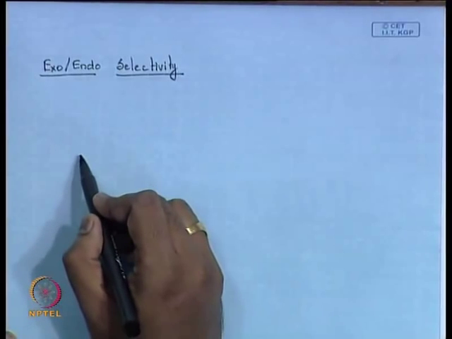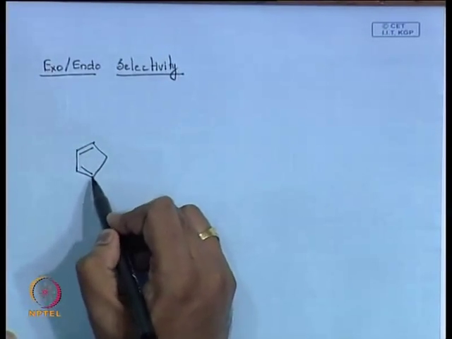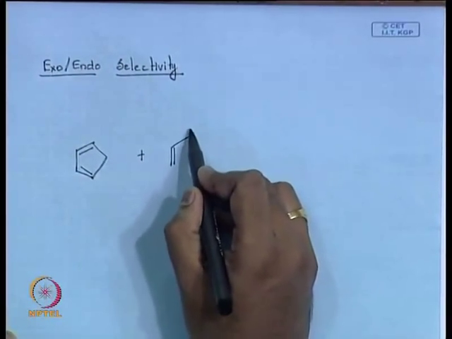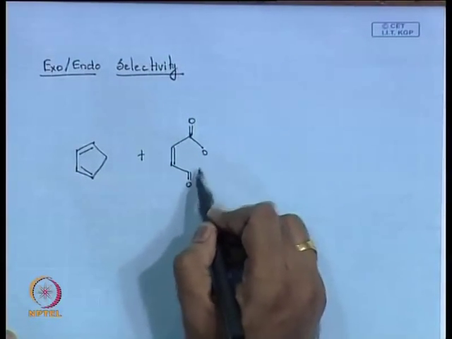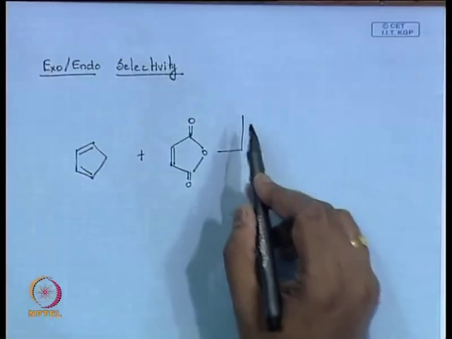So, I can take cyclopentadiene and treat it with your anhydride. Right. I can think of writing two products.